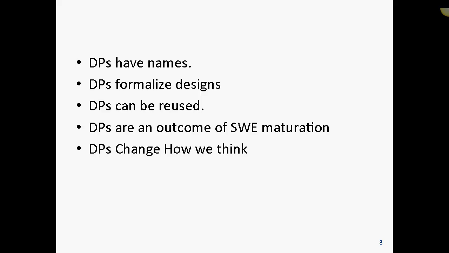If you are interested in, for example, bridges, there are design patterns for bridges. For example, a suspension bridge has a fairly well understood design. A trestle bridge has another relatively well understood design. So when we talk about these different types of bridges, we think about the formalized designs surrounding those bridges and ways in which the bridges are characterized.